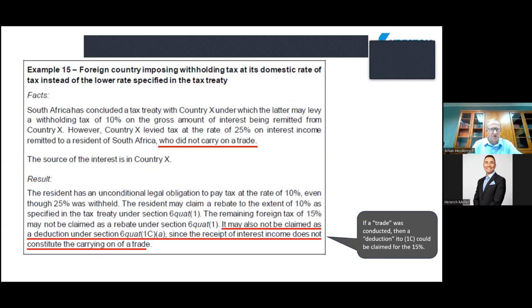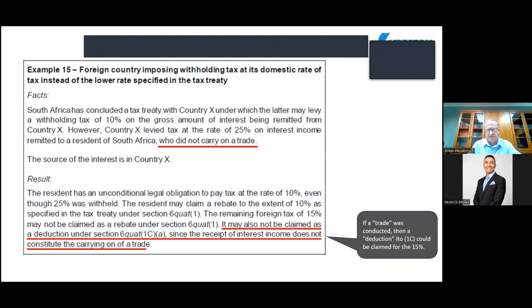So, the example, the resident has an unconditional legal obligation to pay tax at 10% because the DTA says 10%. You don't have a liability to pay 25%, even though 25% was withheld. The resident may claim a rebate to the extent of 10% as specified in the tax treaty. The remaining tax of 15% is forfeited.